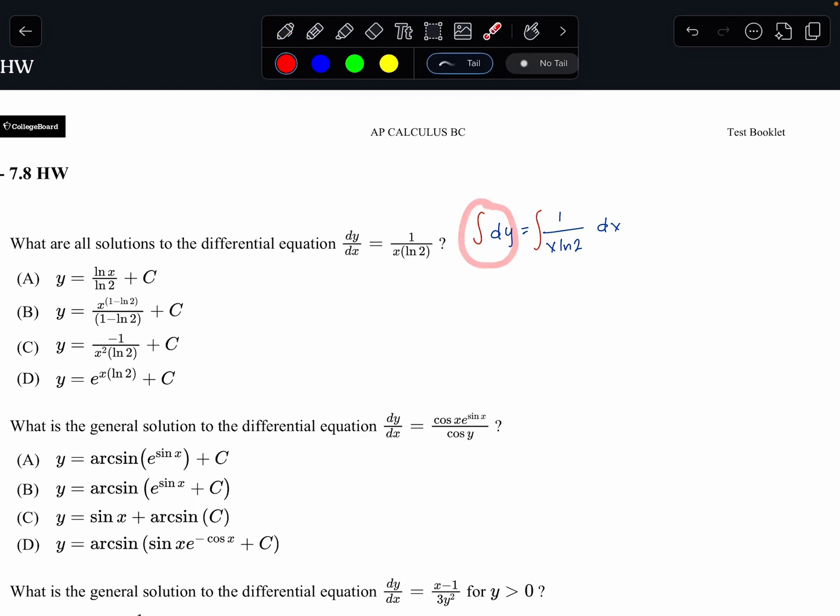Obviously, if we integrate here, we'll get y, because it's just 1 dy. So y is equal to the antiderivative of 1 over x, which is the natural log of x, right?